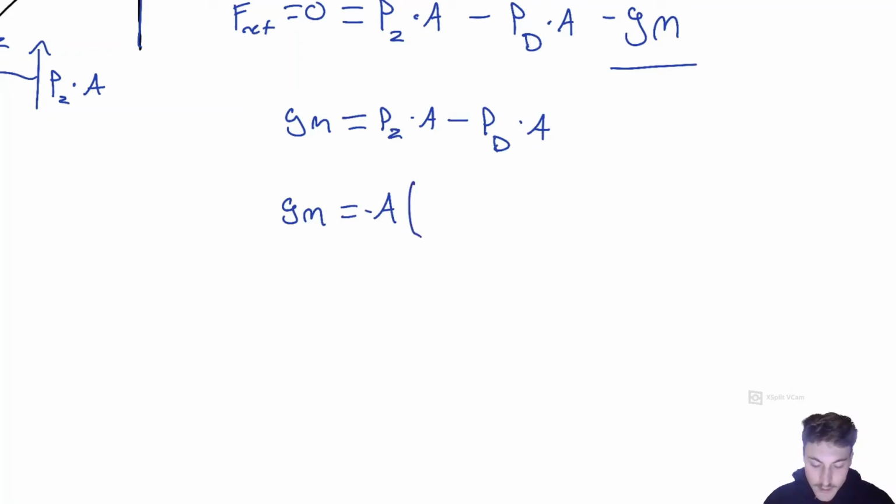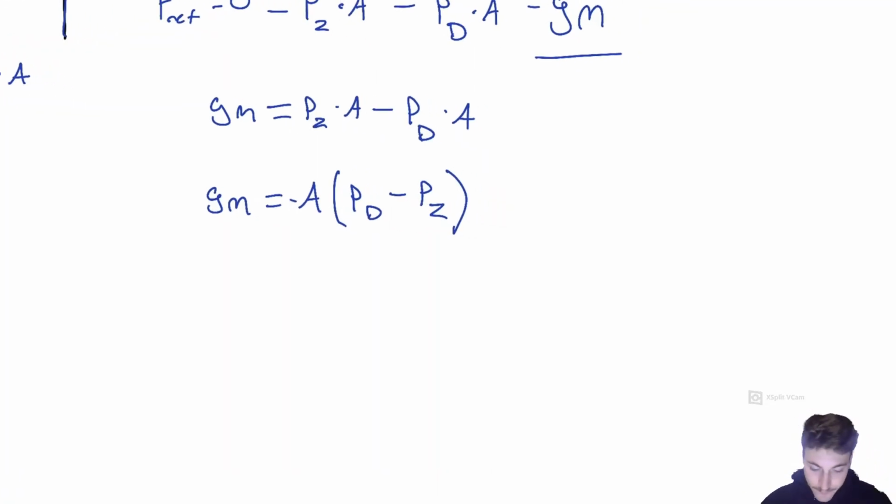Taking out the negative area, we can flip it around to Pd minus Pz, which should be a positive number from the top to the bottom.